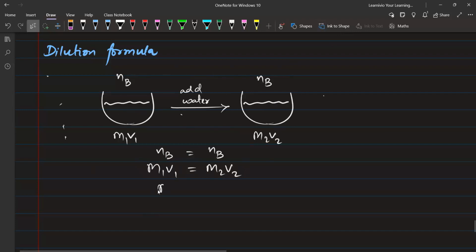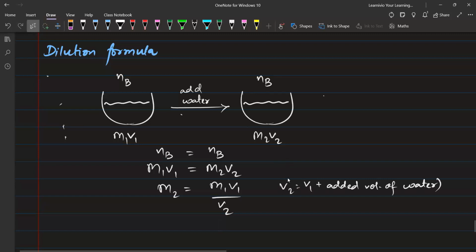Now I can say that M2, the molarity after dilution, will be equal to M1V1 upon V2. Now what will be V2 actually? V2 will be V1 plus added volume of water or whatever solvent you are using. Generally, it is going to be water.